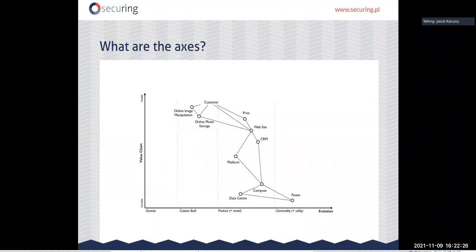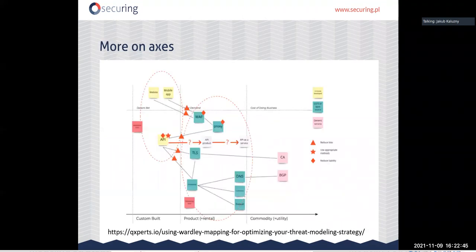So the next question is, what should the axes be, right? In standard Wardley maps, the axes are value chain, visibility, and evolution. The question is, should we stay with these axes when we talk about security, when we do threat mapping? This is a fragment from Dave's article on using Wardley maps for optimizing the threat modeling strategy.